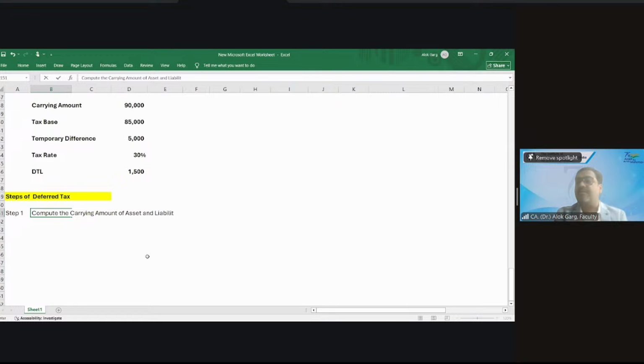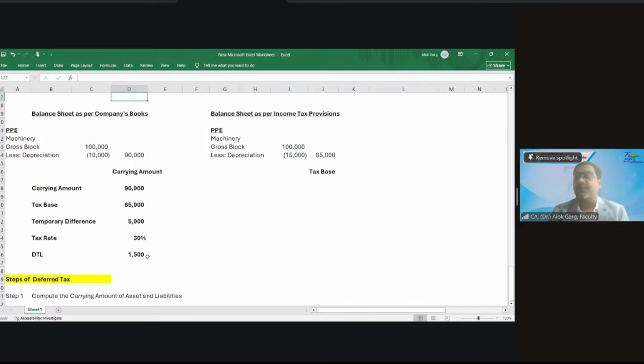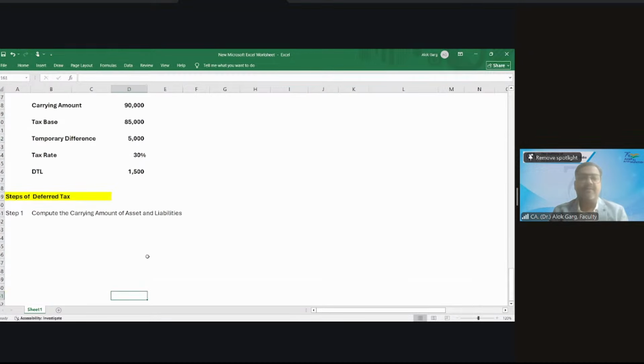Carrying amount means as per books of accounts, as per the balance sheet, as per accounting books. Like in this case, we have computed the carrying amount of machinery as gross block minus accumulated depreciation.